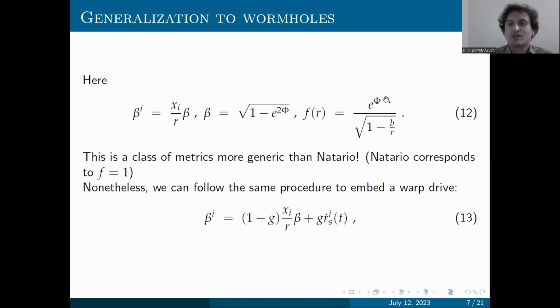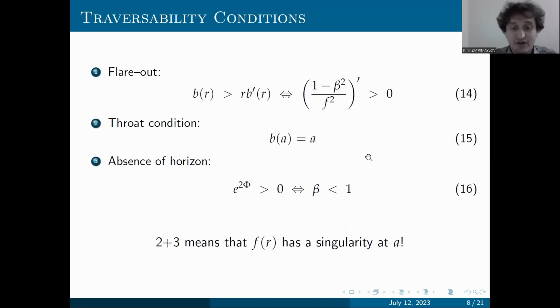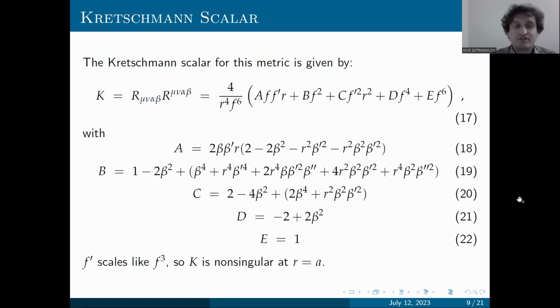This is a potentially problematic feature, but we have computed the Kretschmann scalar for this metric, and one can see from rough estimates that it's non-singular at r equal to the radius of the throat, which means that this singularity is likely not physically relevant.